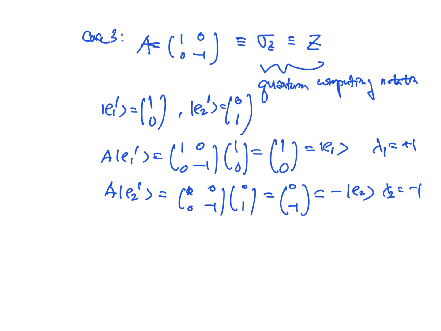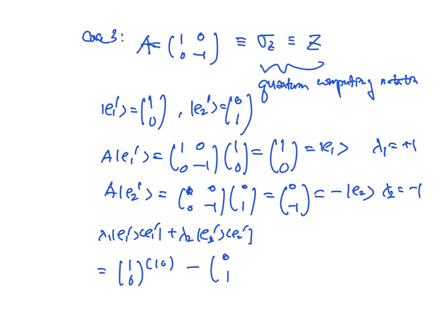And for property 2, we have seen that the sum of the outer products is always the identity. How about this? Lambda 1 E1 prime E1 prime plus lambda 2 E2 prime E2 prime: [1, 0; 0, 0] minus [0, 0; 0, 1], which is obviously [1, 0; 0, -1].